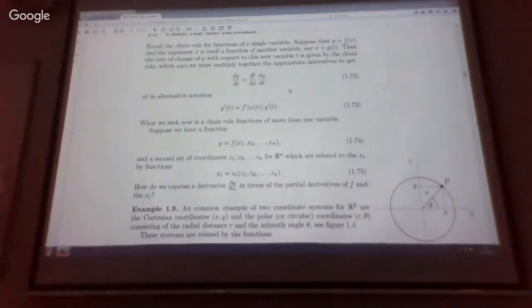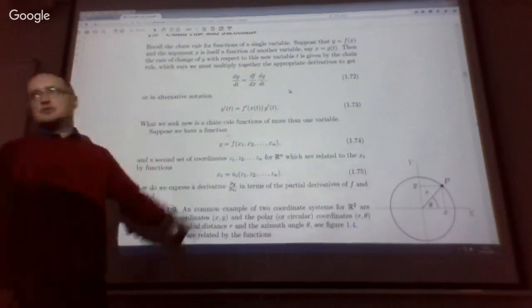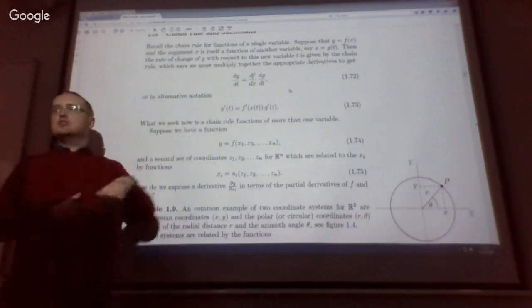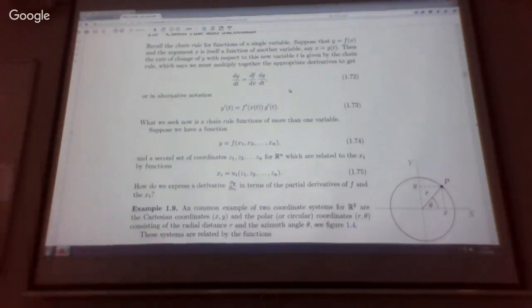You keep working down until you reach the actual independent variables that are mentioned. So the obvious task ahead of us is to generalize this concept to functions of more than one variable. Okay? We've already seen how the concept of differentiation generalizes to partial differentiation. So what goes on with the chain rule?